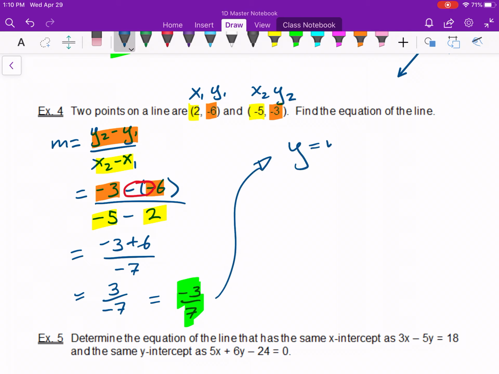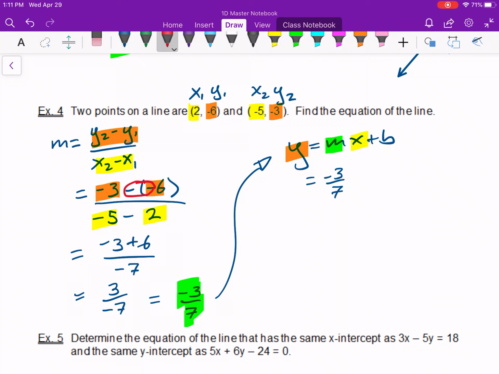Y equals mx plus b. Okay? Well, m is negative 3 over 7. X and y, again, I've got to find b now. But I've got x and y. In fact, I've got 2 to choose from. As long as I stick with one point or the other point, it doesn't matter which one I do.